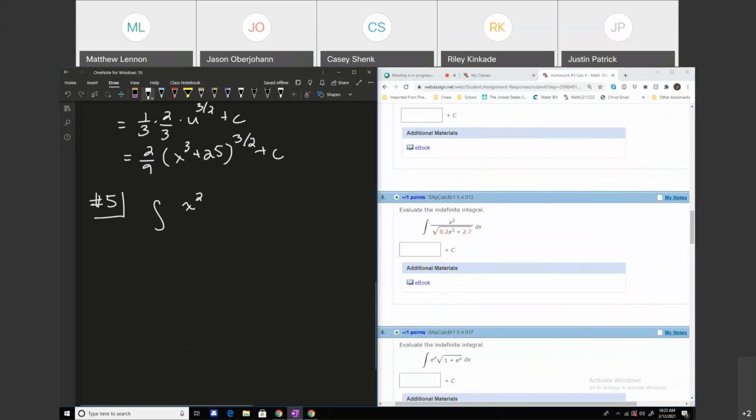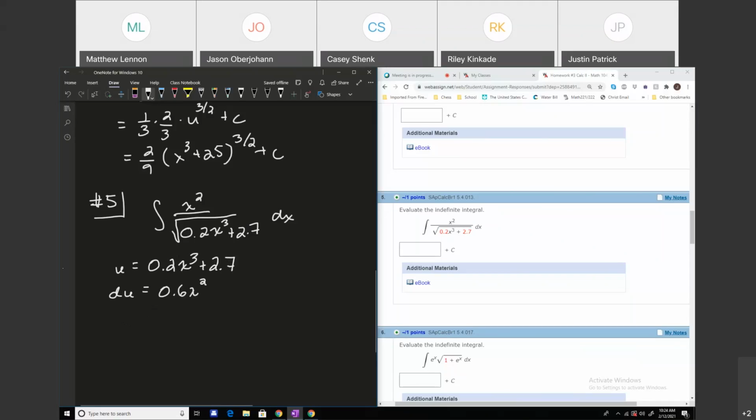So we have x squared divided by the square root of 0.2 x cubed plus 2.7. Just throwing some decimals at you to make it a little more complicated. So u we still want to let be that 0.2 x cubed plus 2.7. So du will be 3 times 0.2, which is 0.6 x squared dx, and then divide.